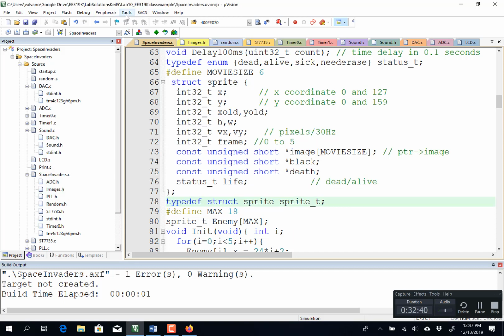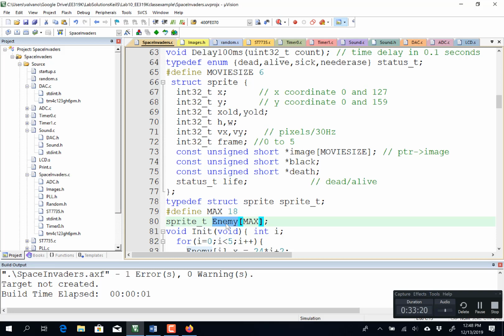That's not the point. Where is this? Where is enemy located? If you were to put your finger on enemy, where is it defined? Is it in RAM, on the stack, in a register, or in ROM? In RAM. I want you to look at the other typedef to see how I got the other one to go into ROM.